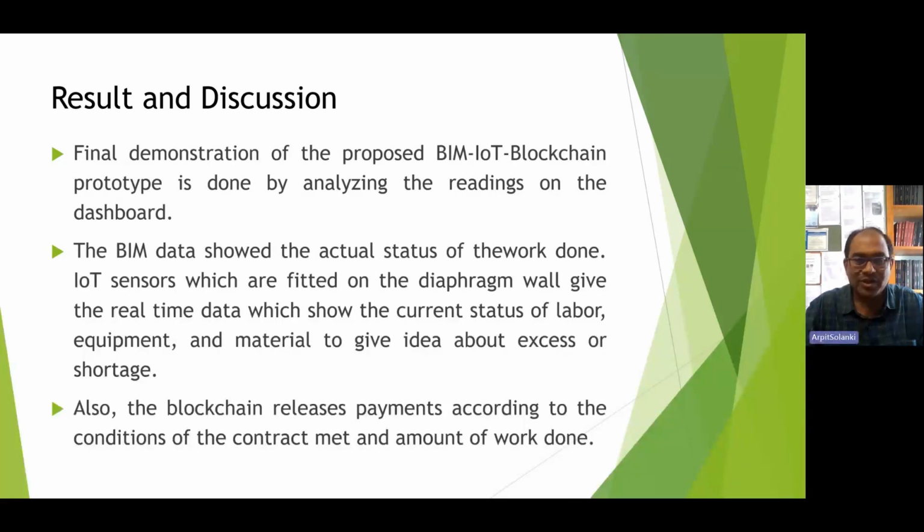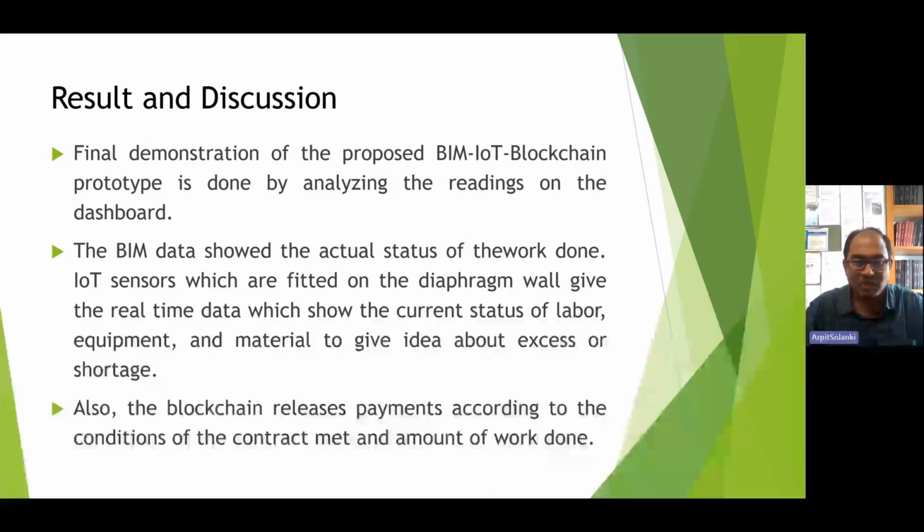Then the final demonstration of the proposed BIM IoT blockchain prototype is done by analyzing the readings on the dashboard. Then the BIM data showed the actual status of the work done. The IoT sensors which are fitted on the diaphragm wall give the real-time data which show the current status of the labor, equipment and material to give an idea about the excess or shortage.